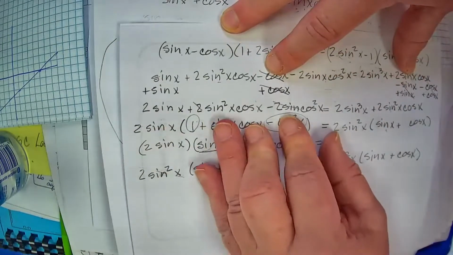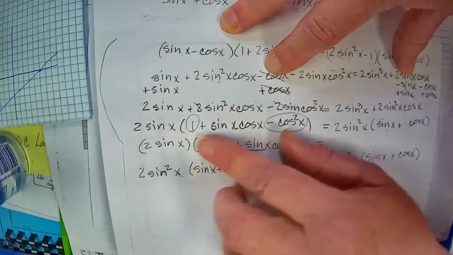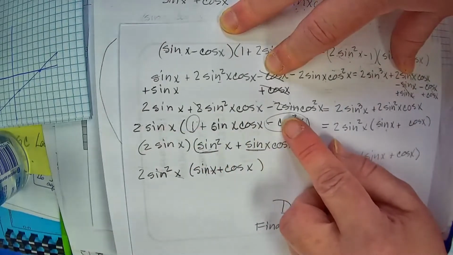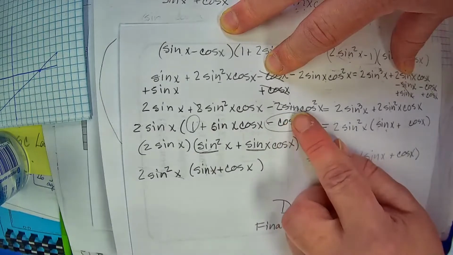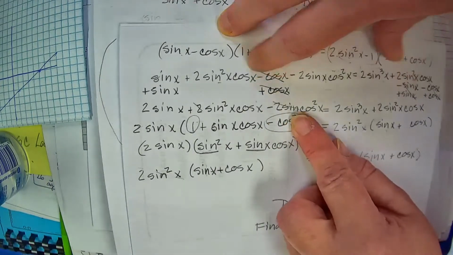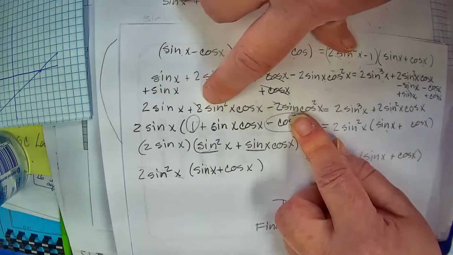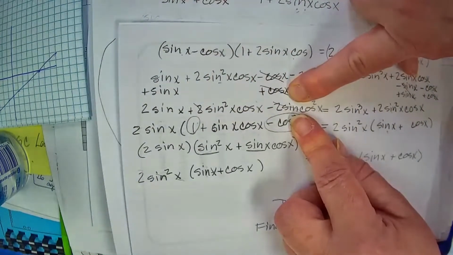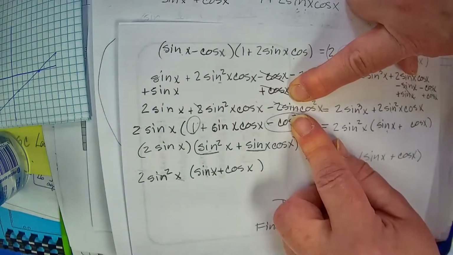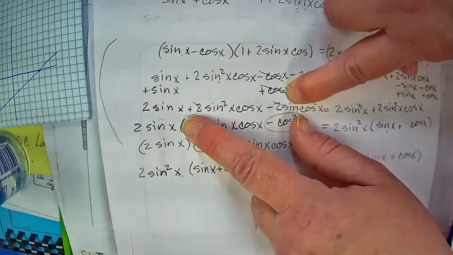Then the next thing I did was I pulled 2 sine x out of each piece here. So I pulled a GCF of 2 sine x.